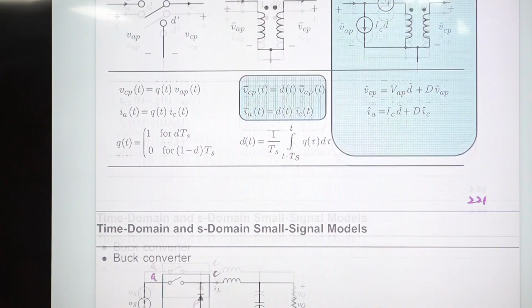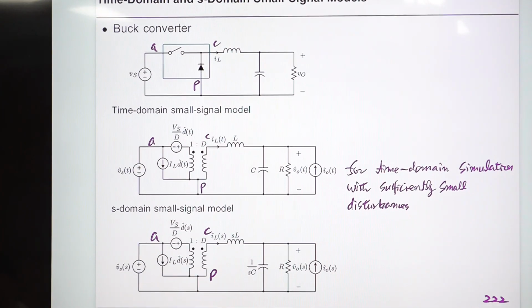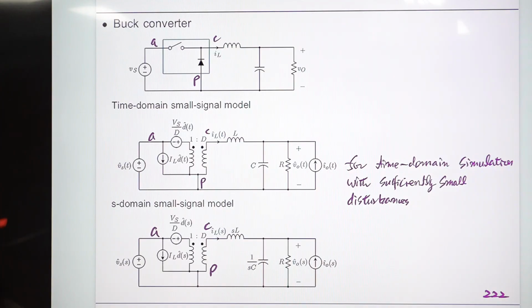So using this model, the small signal model of the buck converter is shown here. So A, P, C, and you just replace this thing with this PWM switch model. This replacement will generate the small signal model of this converter in time domain format.